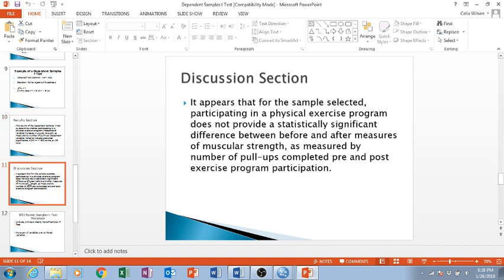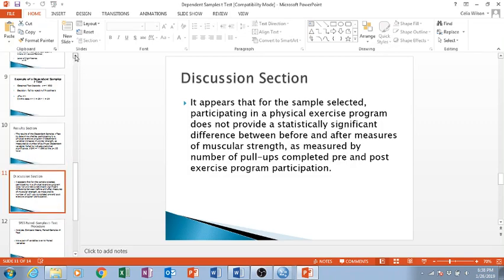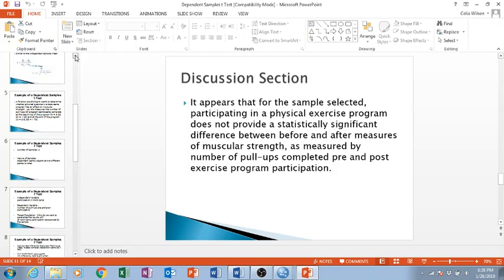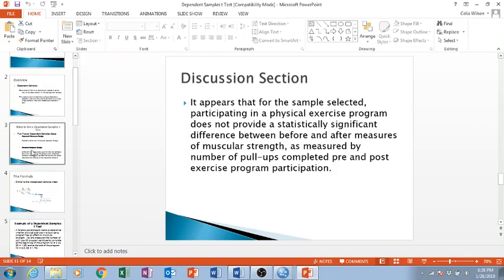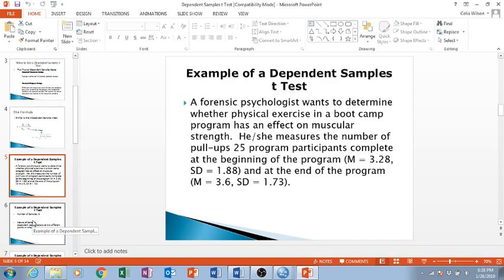All right. In the discussion section, you kind of give it that qualitative interpretation of, well, they really didn't perform differently as far as pull-ups go pre to post test, at least not statistically significantly different, right? I mean, clearly the before and after values, let me scroll back up here. Oh, there it is.